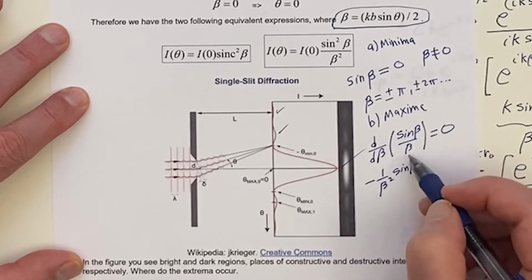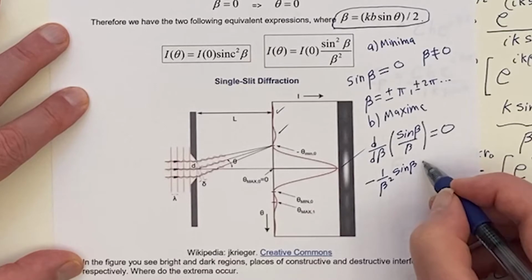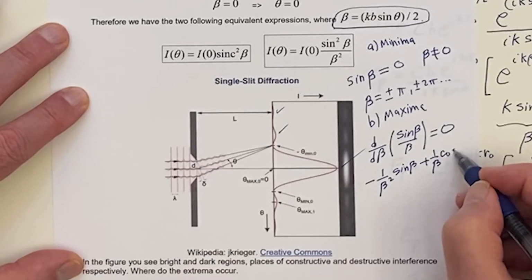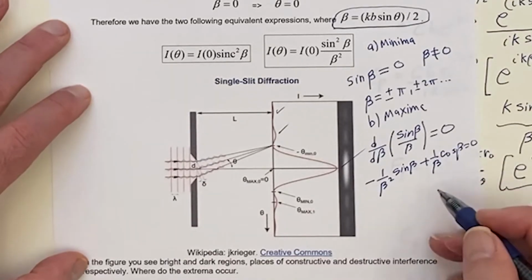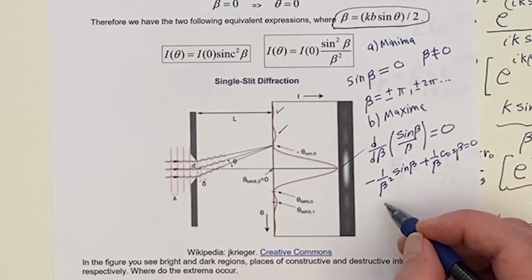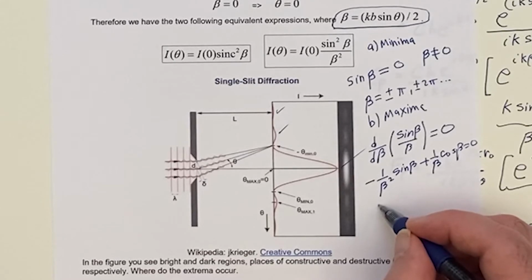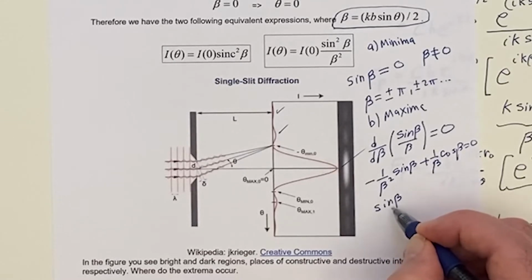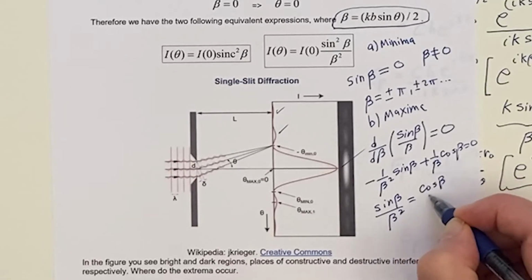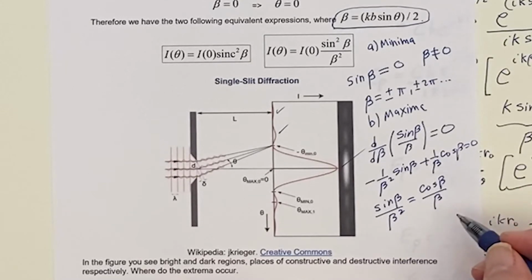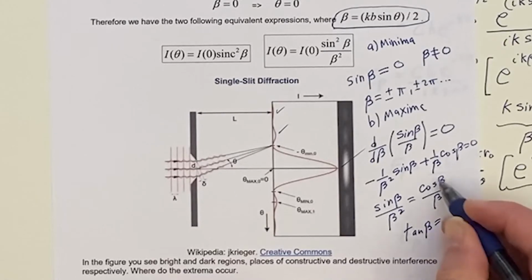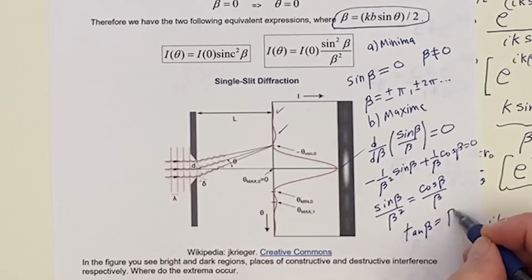This is taking the derivative of the 1 over beta first, and then plus the 1 over beta times the derivative of the sine, the cosine, equals 0. And then you get here that the sine of beta over beta squared equals the cosine of beta over beta. And that means the tangent of beta, if we bring the cosine over and throw that beta squared to the right, you get this equation.